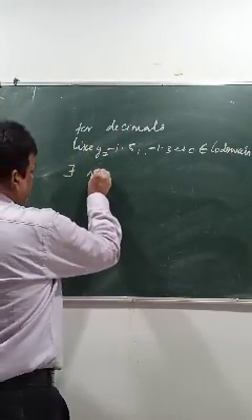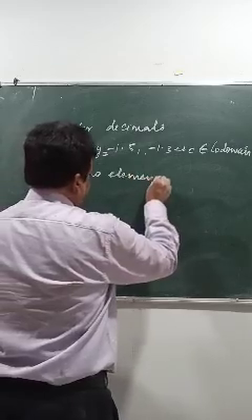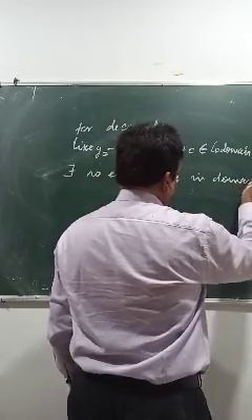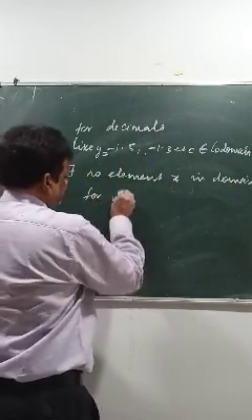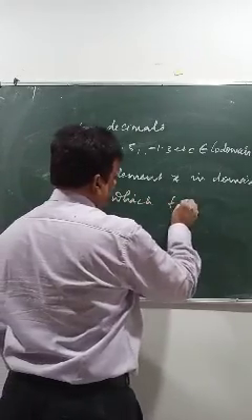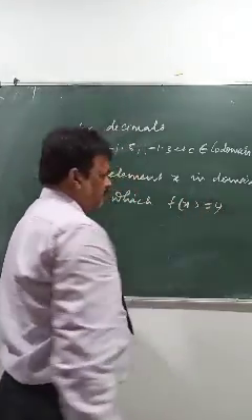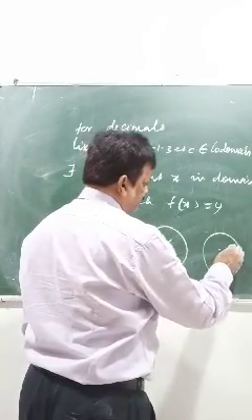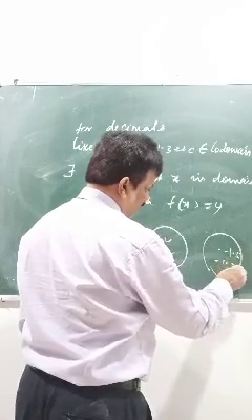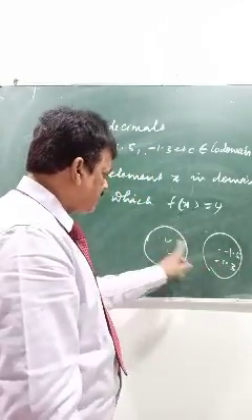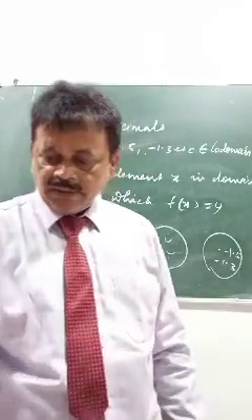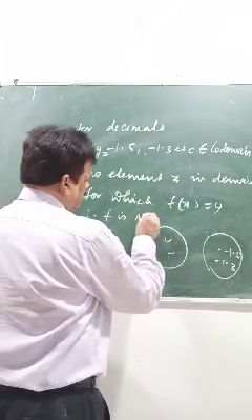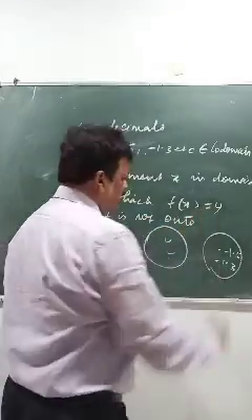There exists no element x in the domain for which f(x) should be equal to y. Means no element here is carried to decimals. This will not be related to anyone, so not possible. Therefore f is not onto. This cannot be bijective.